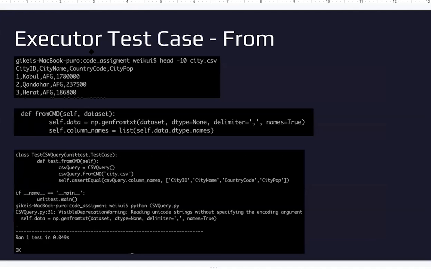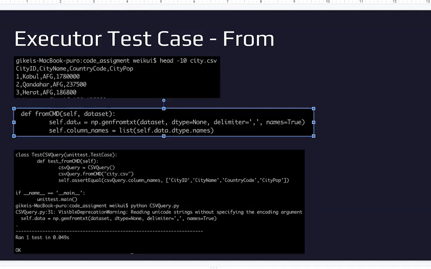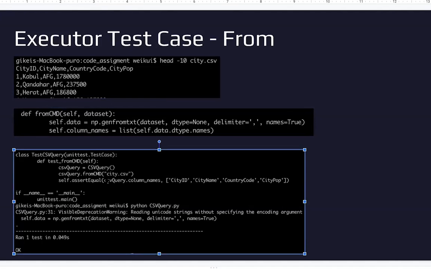And then I will introduce the basic executor model test case. I have shown the from. From the Excel files data, the first 10 records are shown here, and then we can use the from command processor to load the data and list the column names, and we implemented a test case for this from executor.